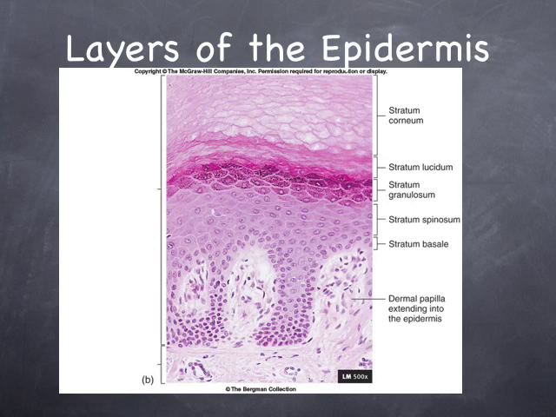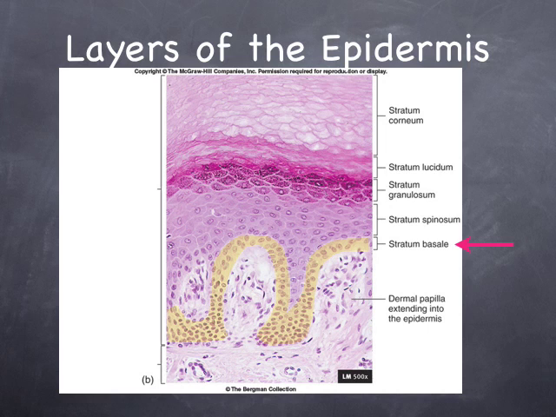But let's start here with the bottom one, which is the stratum basale. Let's point out this layer here. The deepest layer, the layer that's right against the connective tissue, is what we call the stratum basale. The word basale is like the word base. The base of something is always at the bottom, isn't it? This is the basal layer. We talked about this when we talked about epithelial tissues.